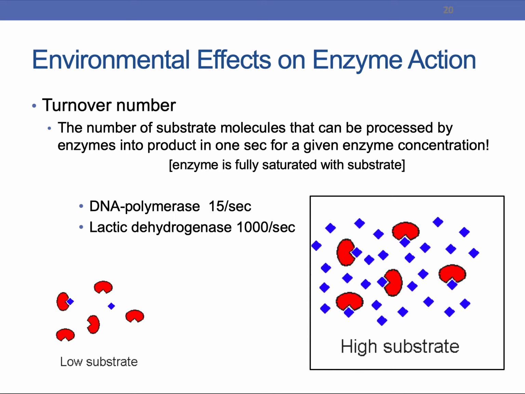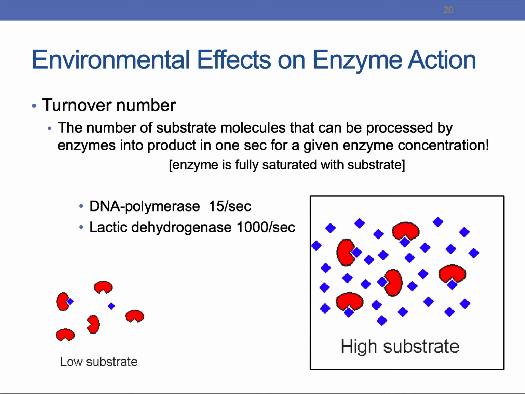And so when we're talking about how efficient enzymes are, we talk about them in terms of turnover number, that is, how many substrates the enzyme is able to process within a second. So if we take DNA polymerase, 15 molecules are processed within a second, so 15 nucleotides are processed in a second.